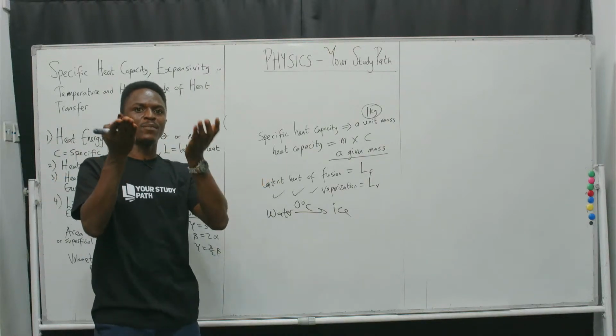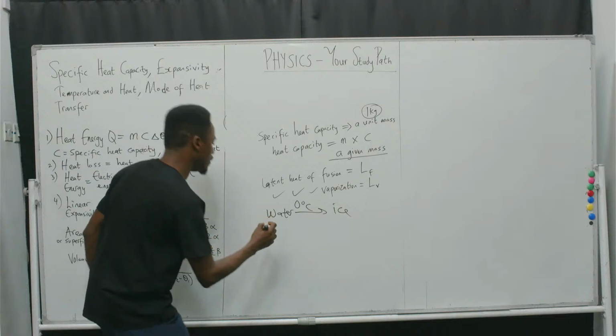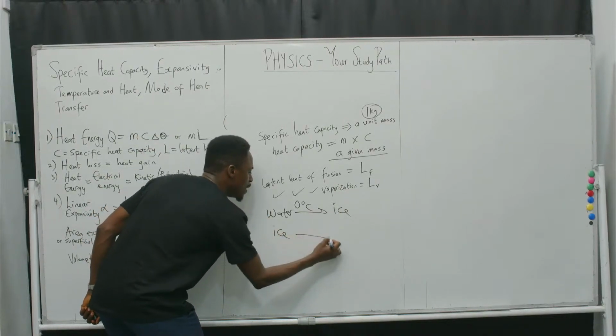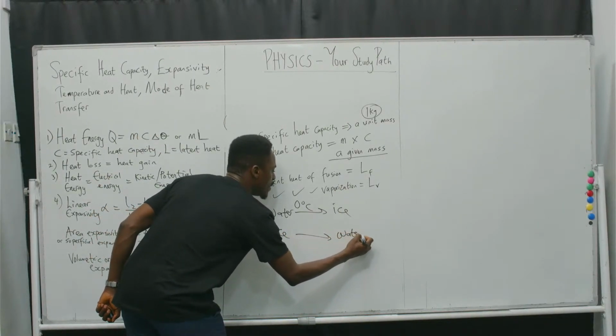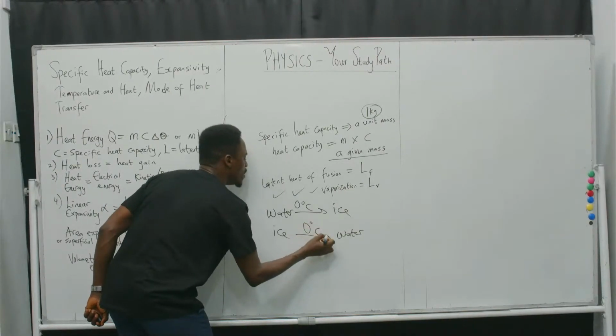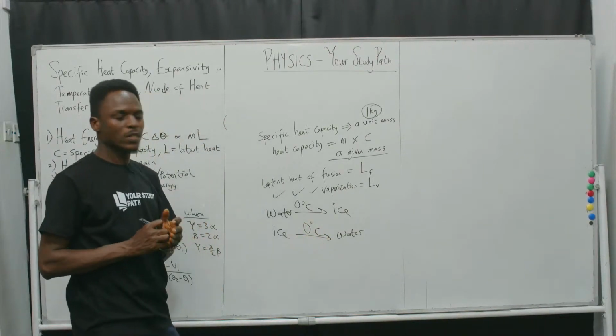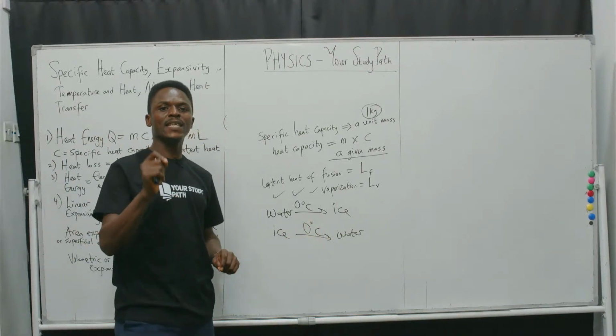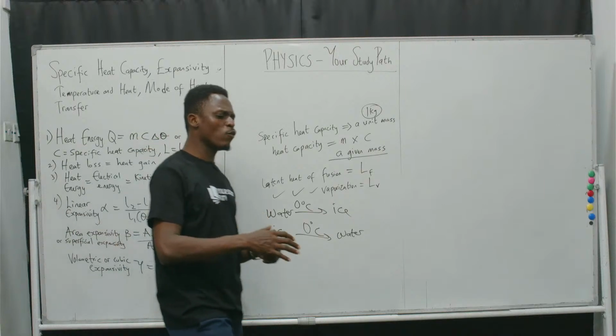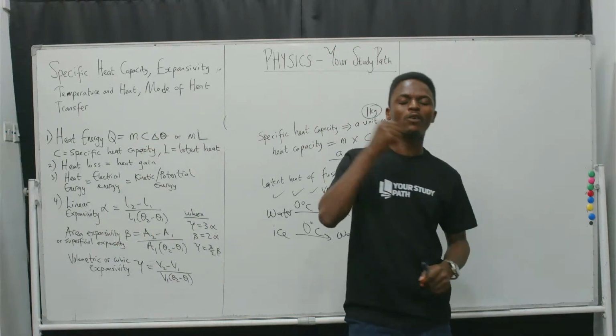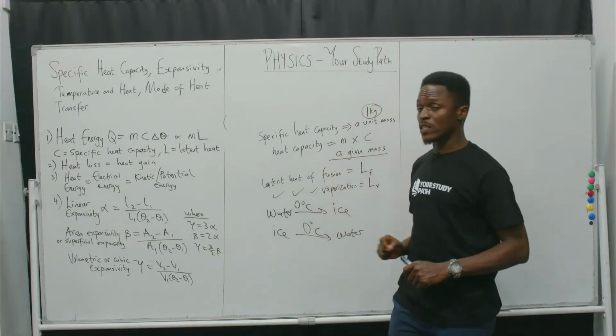There's no rise in temperature at that instance. Similarly, when ice is converted to water, it takes place at 0 degrees Celsius. Note, there's no change in temperature. That's why when you have your drink which you just took out from the fridge, what happens is very simple.